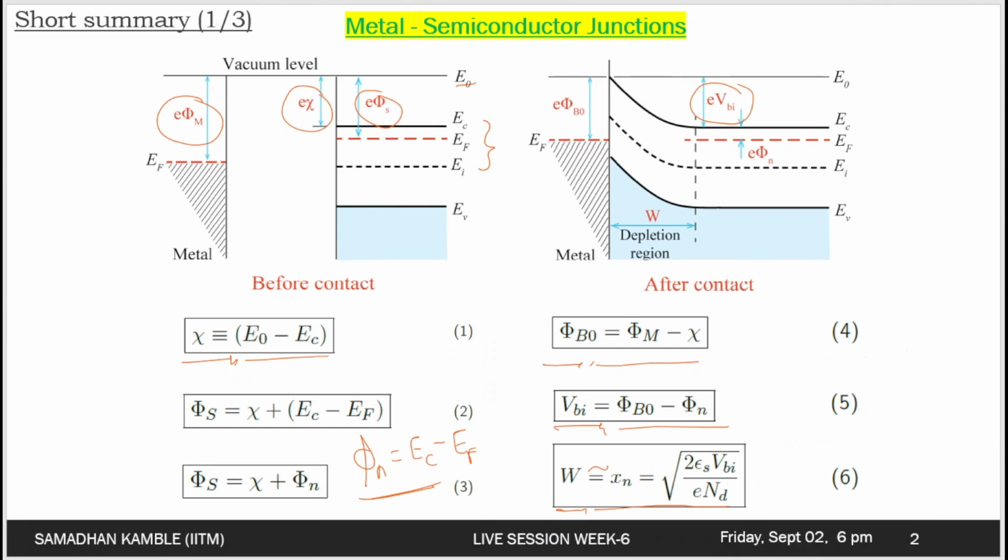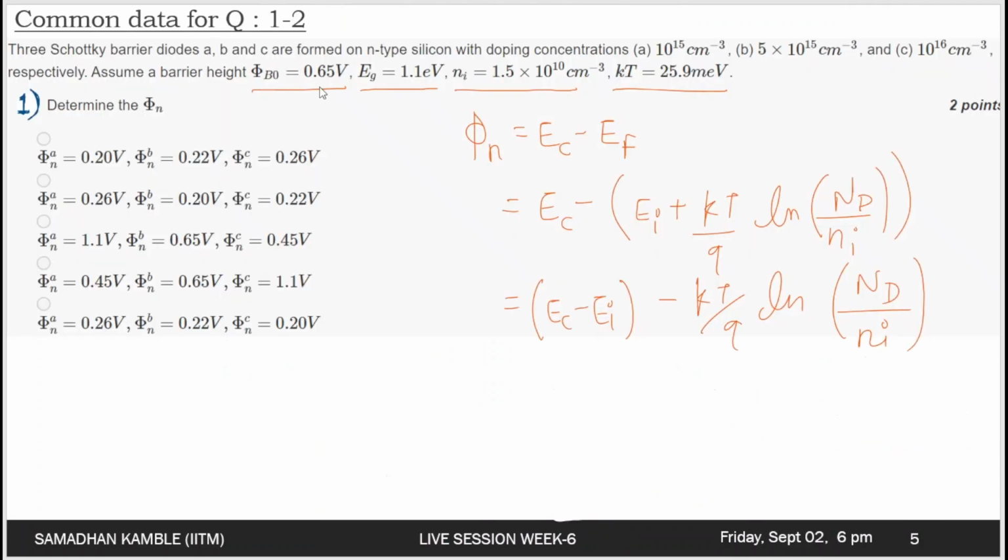The band gap is given as 1.1 electron volt, so Ec minus Ei, which is half of the band gap, is nothing but 0.55. And let us substitute the value of different parameters.